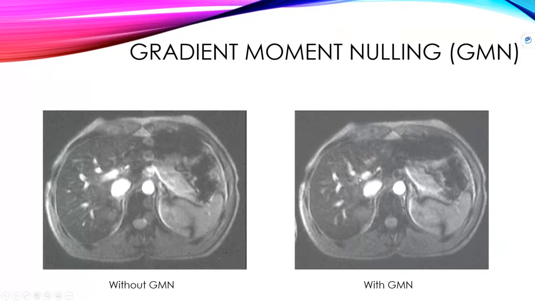It just looks a lot cleaner. There's not any signal in vessels that don't need to be there, and the signal in the vessels themselves is bright and clear. So gradient moment nulling is a subtle change from one image to the next, but instead of us thinking that there's something going on with the patient in this area, we're actually getting a really nice, clean, crisp image because we're putting all of our spins back into phase.